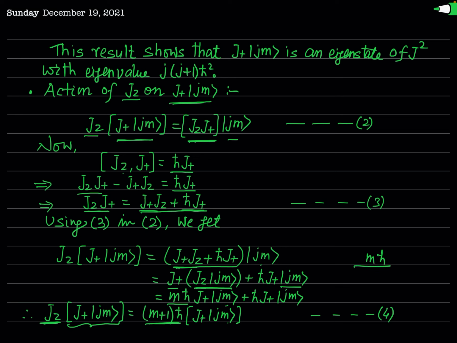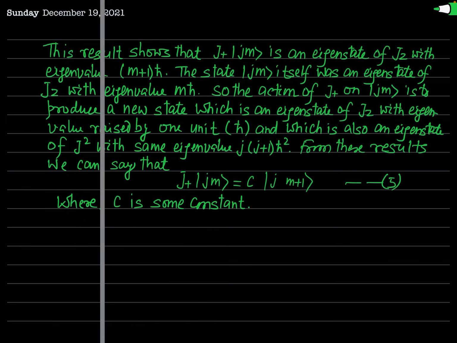But now for the eigenstate J+ |k, j, m>, the eigenvalue of the operator Jz is not mħ, but it is (m+1)ħ. So in this condition, the eigenvalue of Jz has been increased by 1 unit in the unit of ħ, or you can say it has been increased by ħ. So this is the effect of J+ operated on |k, j, m>.